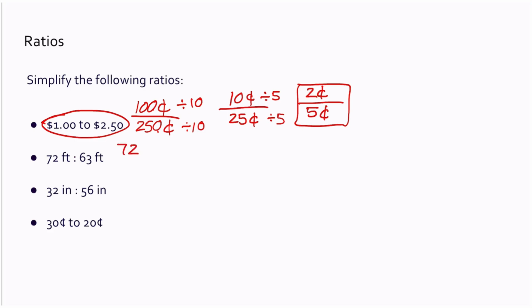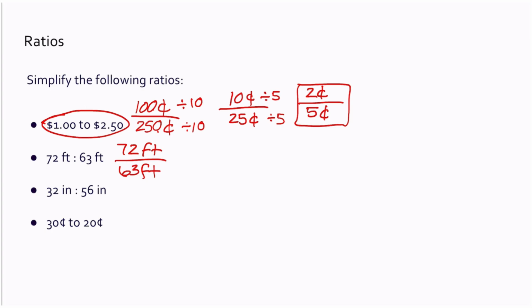Now here I have 72 feet to 63 feet. And I'm looking at this, they are not both even numbers. So I can't divide both sides by 2, but I think I can divide both sides by 3. And there's a trick to find out if you can divide something by 3.